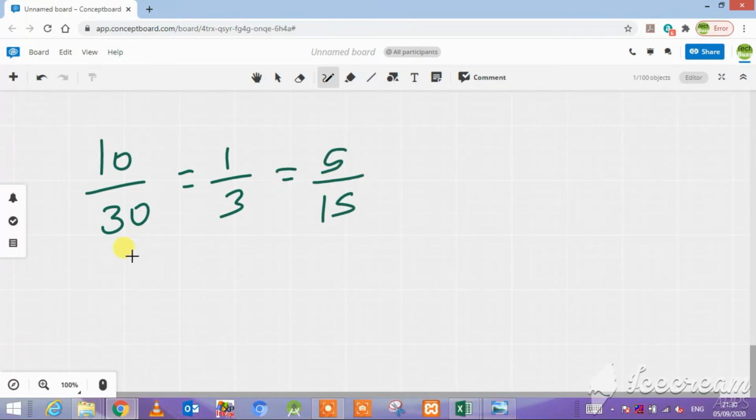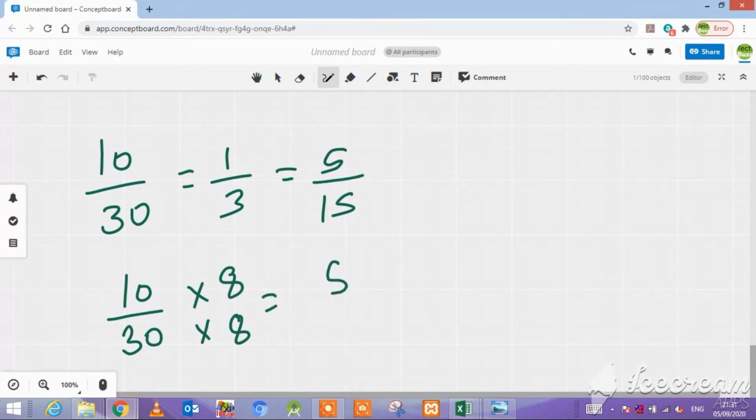But if you take this 10 upon 30 and multiply the numerator and denominator with some other number, like 8, in this case also you will get some fraction and that fraction will be equivalent to 10 upon 30.